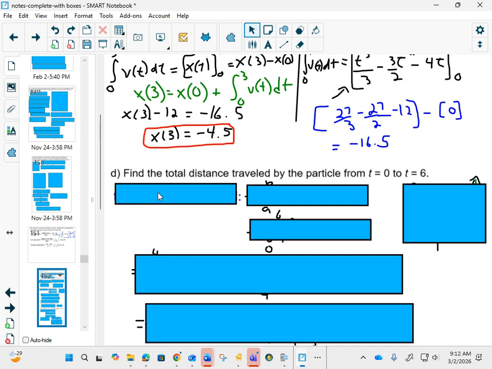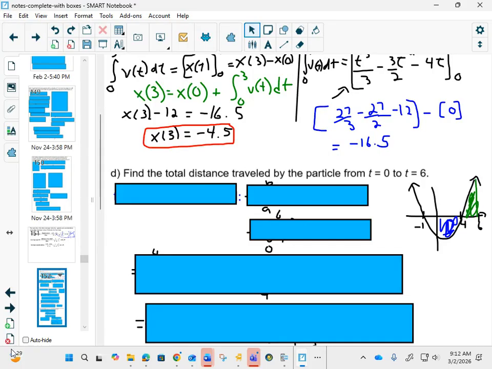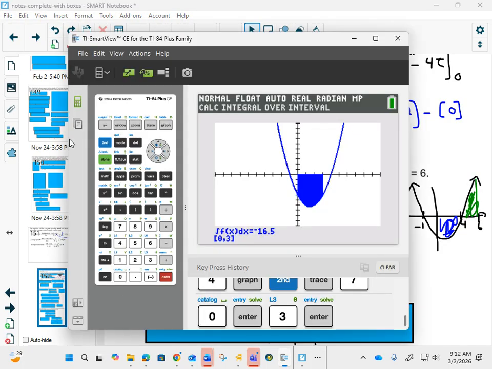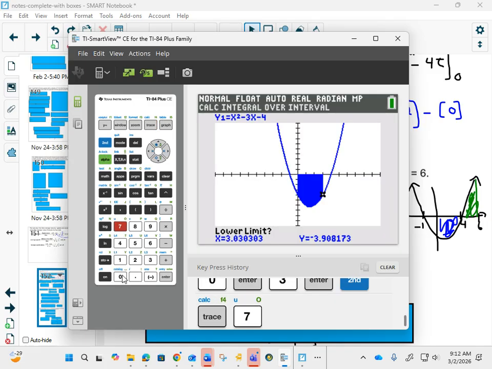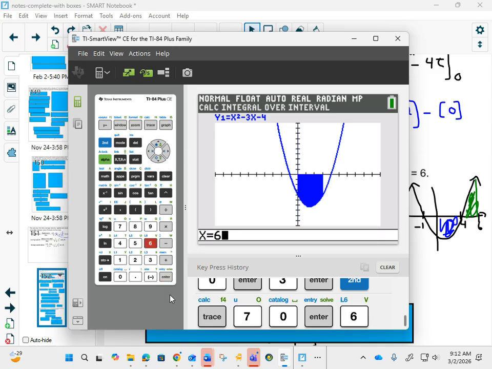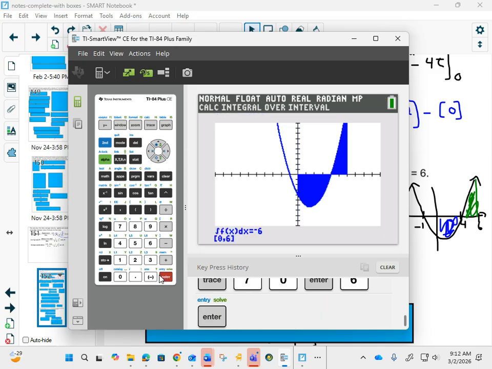Find the total distance traveled by the particle from time equals 0 to time equals 6. So if I just went to my calculator again, and I went from 0 to 6, part of that area, part of that displacement is negative, and part of that displacement is positive.